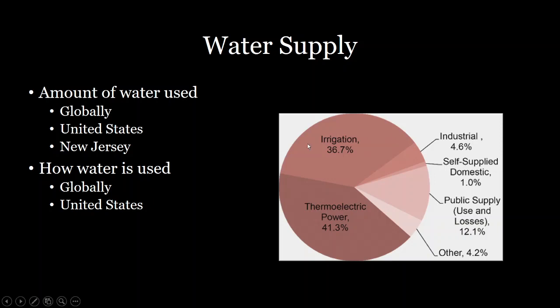And then after that, we have 37% going into irrigation for growing crops, as well as watering lawns. And then the rest going mainly into public municipal water supplies. So 13% of our water going to domestic uses.